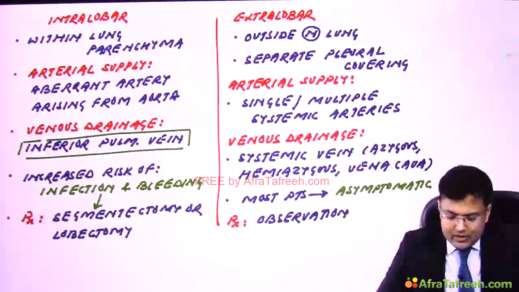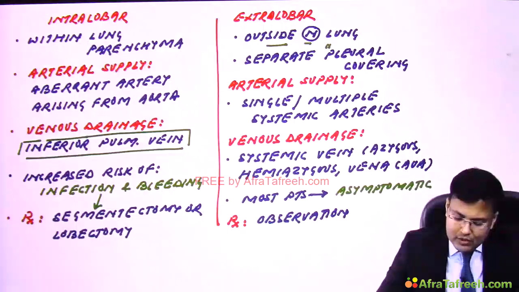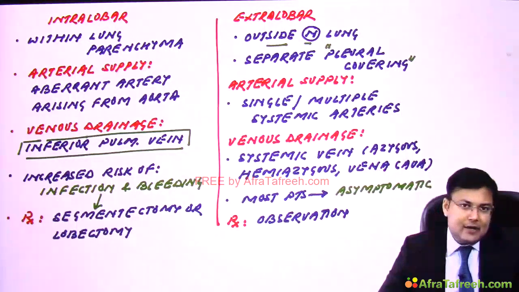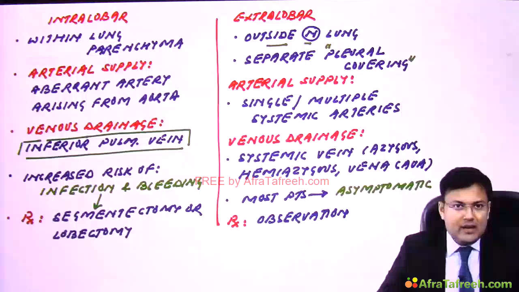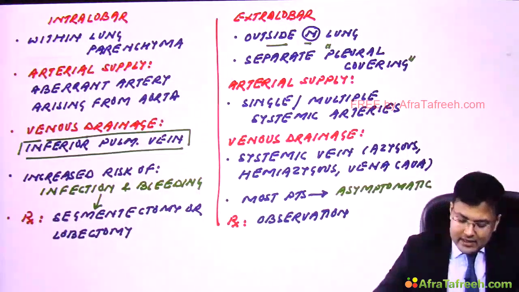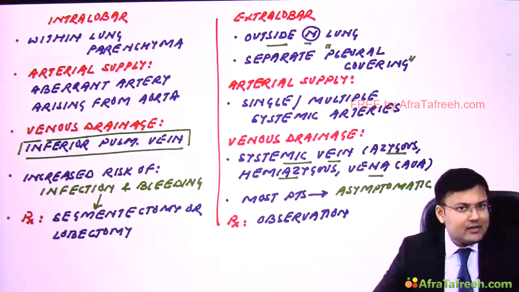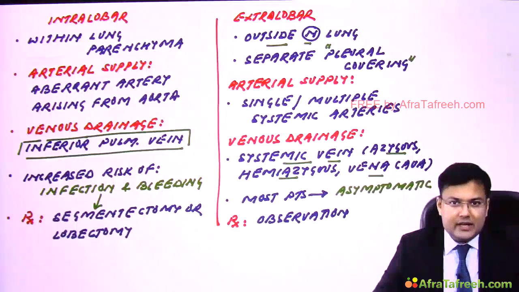Extralobar sequestration is located outside the normal lung, and we discussed that there is a separate pleural covering also. Here also arterial supply is aberrant, arising from aorta. Sometimes there is a single artery which is going to supply, and sometimes there are multiple arteries. What you have to notice is that there is systemic venous drainage, and this venous drainage goes to azygous vein, hemiazygous vein, or directly it goes into vena cava.